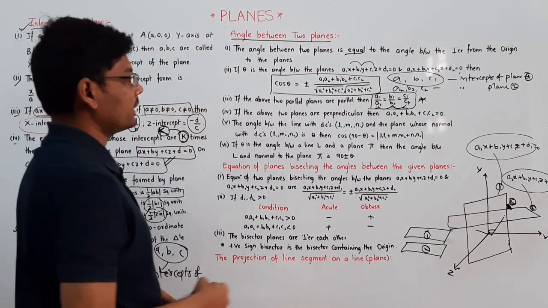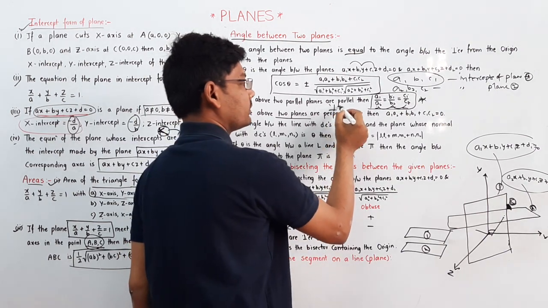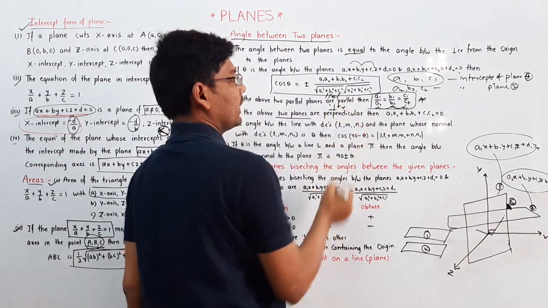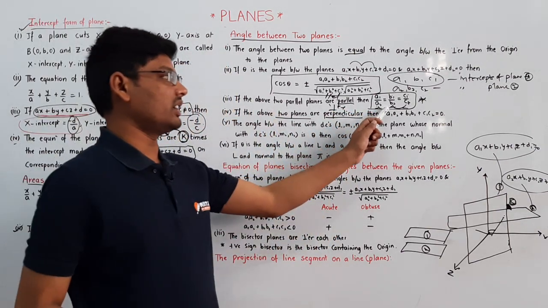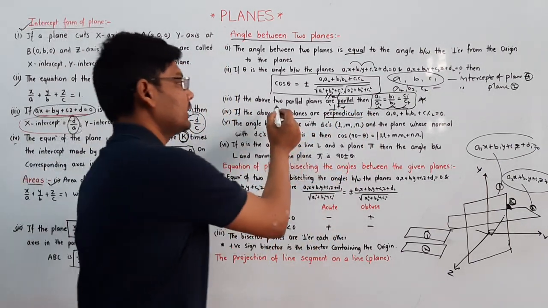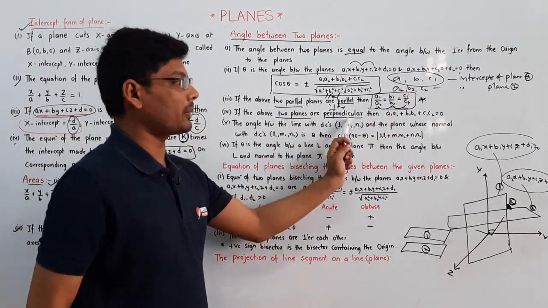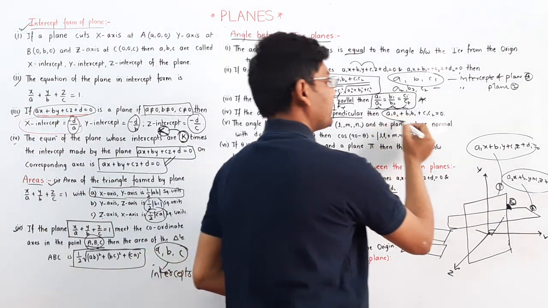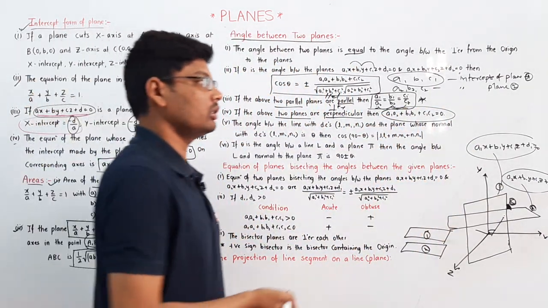Now the fourth point is, if two planes are perpendicular. These two are parallel and these two are perpendicular. If the two planes are parallel, this is the condition. If the two planes are perpendicular, this condition must be satisfied: a1 a2 plus b1 b2 plus c1 c2 is equal to 0.